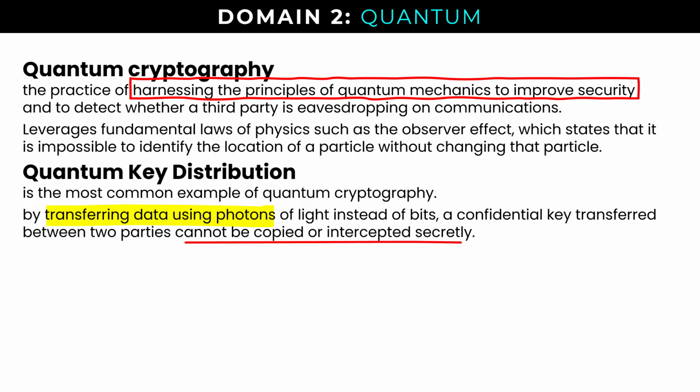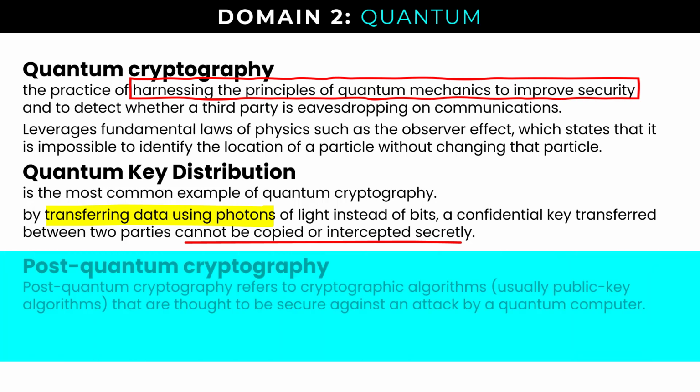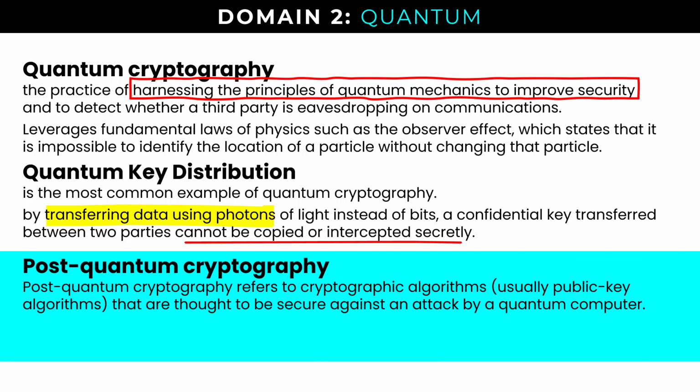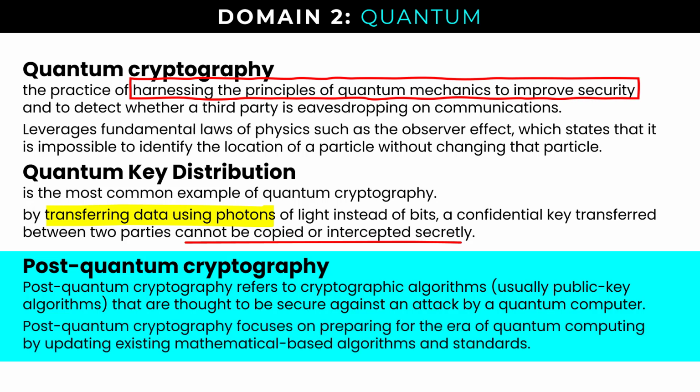And perhaps most relevant today is post-quantum cryptography. So post-quantum cryptography refers to cryptographic algorithms, usually public key algorithms, that are thought to be secure against an attack by a quantum computer. Post-quantum cryptography focuses on preparing for the era of quantum computing by updating existing mathematical-based algorithms and standards.